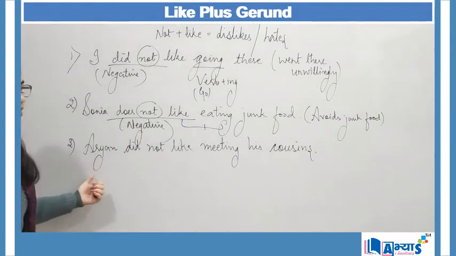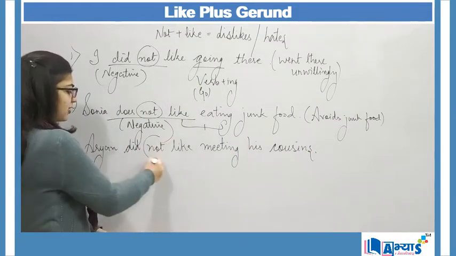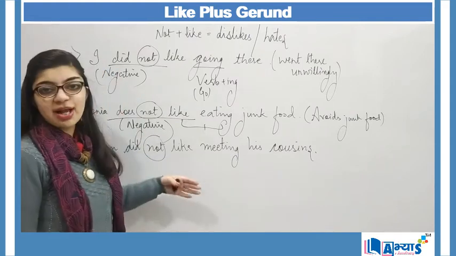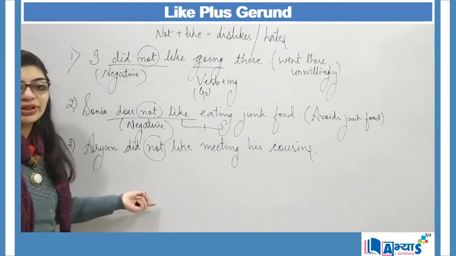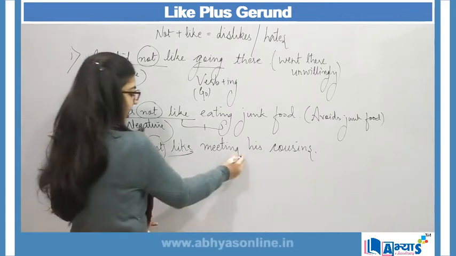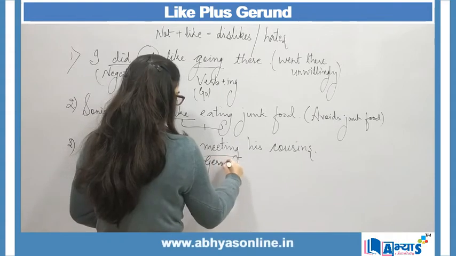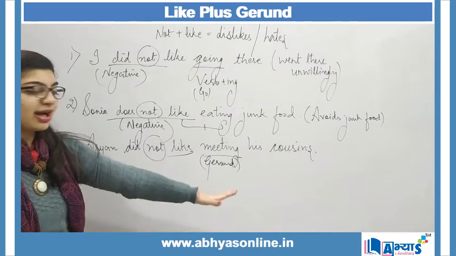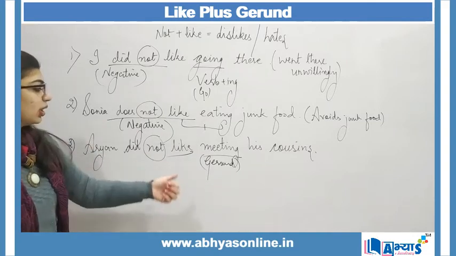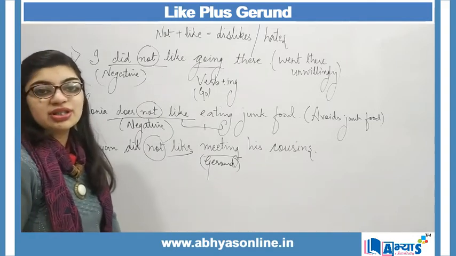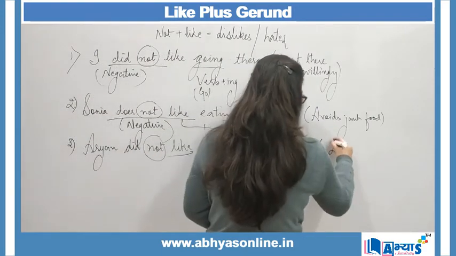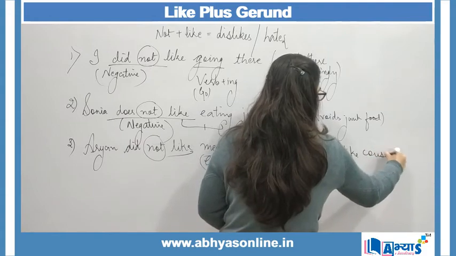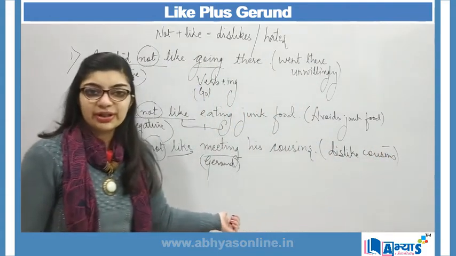When I say Aryan did not like meeting his cousins, it is for sure that whenever not is there, from the above examples, it is clear that I have formed a negative sentence. Like plus, over here again, it is my gerund. Meeting is again a gerund. Why? Because it contains a verb followed by ing. Aryan did not like meeting his cousins, maybe because he dislikes his cousins. So that can be a hidden meaning over here.